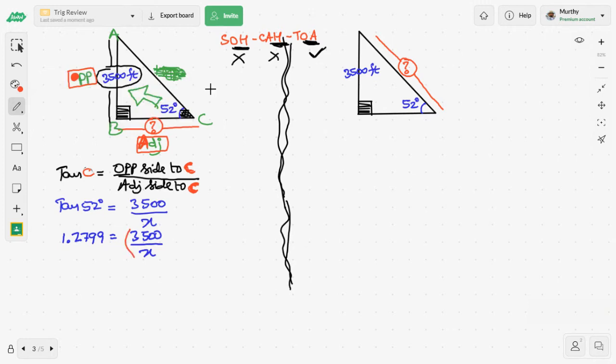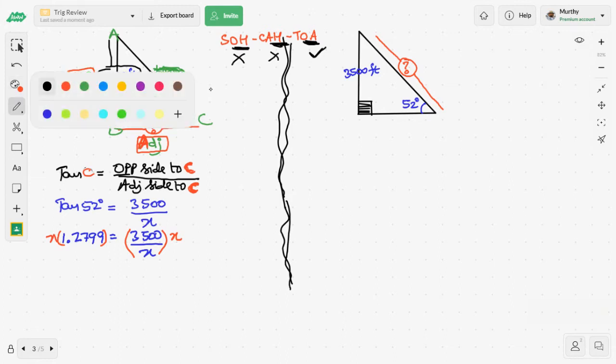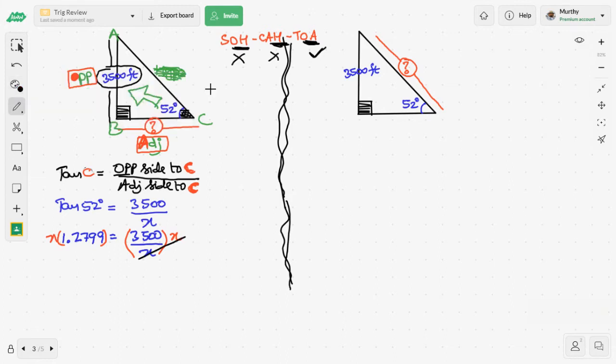So let me take the inverse operation of division, because x is in the denominator, which means it is dividing. So the inverse operation is multiplication. Just multiply by x on both sides. So x and x get cancelled, then you are left with 3500, then x times 1.2799.